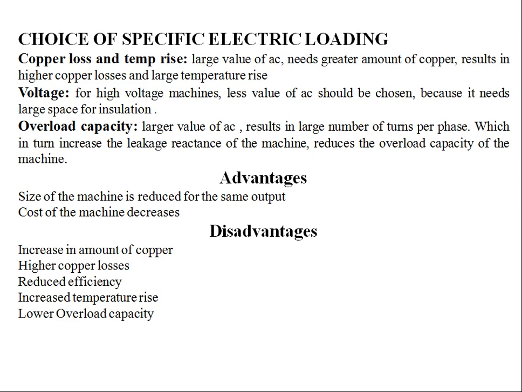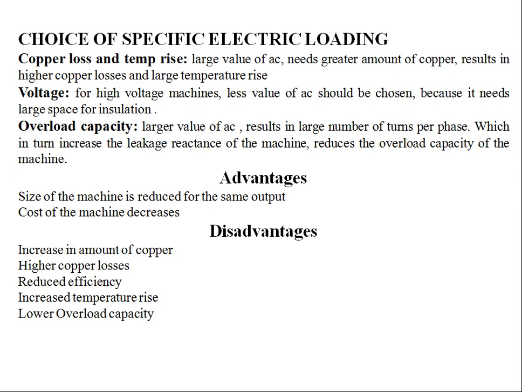So this results in high copper losses and large temperature rise, because the losses in copper are usually I square R losses, which are in the form of heat. And the next one is the voltage. A small value of specific electric loading should be taken for high voltage machines, because it needs large space for insulation. That is the issue that we have.